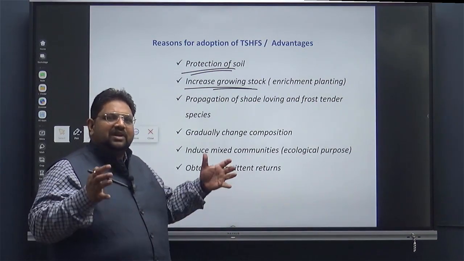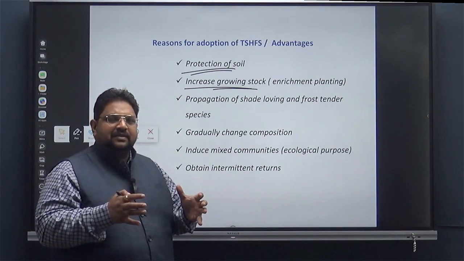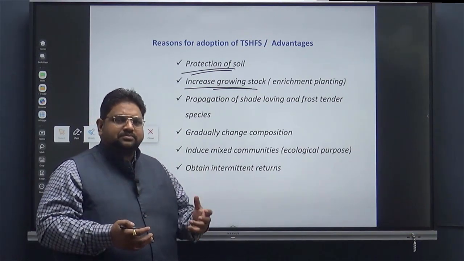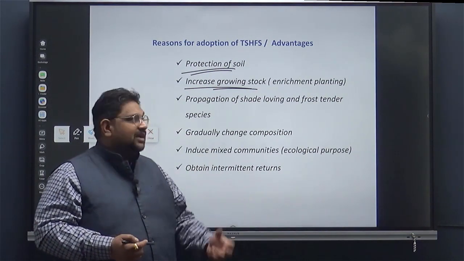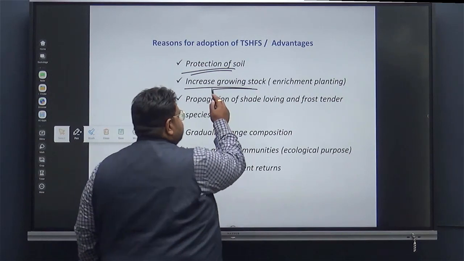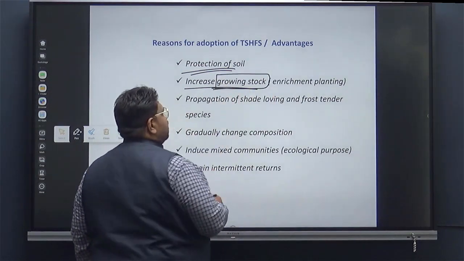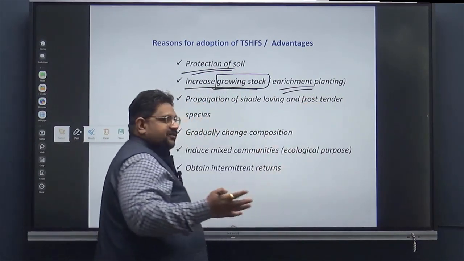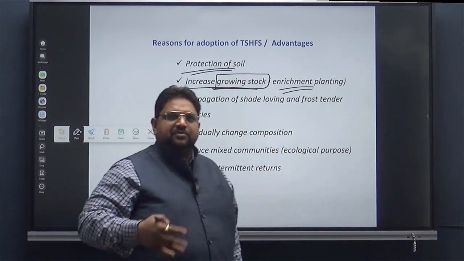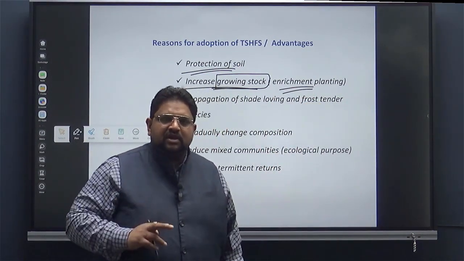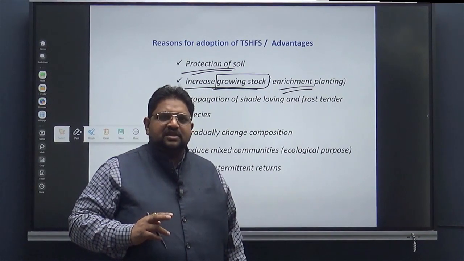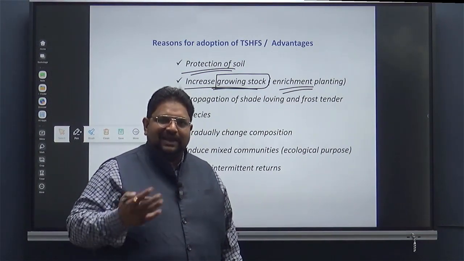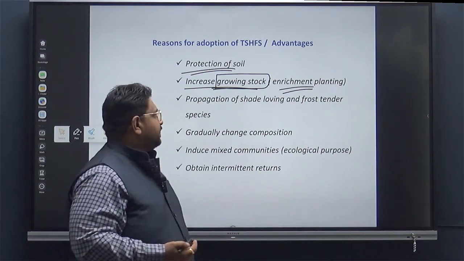So there will be more dense planting and more volume per unit area because of the increased growing stock. This is also called enrichment planting. We are enriching the forest with more trees without causing harm to the trees, so that you can get more yield and more income.